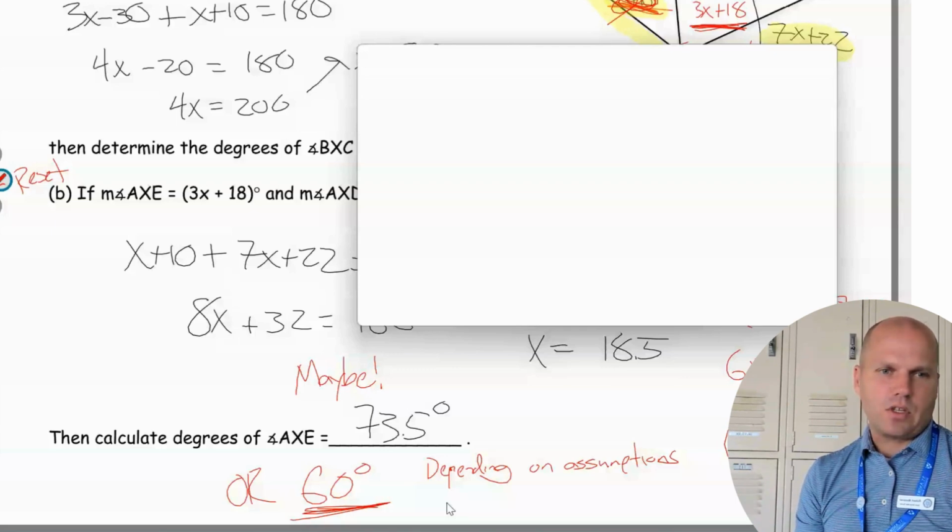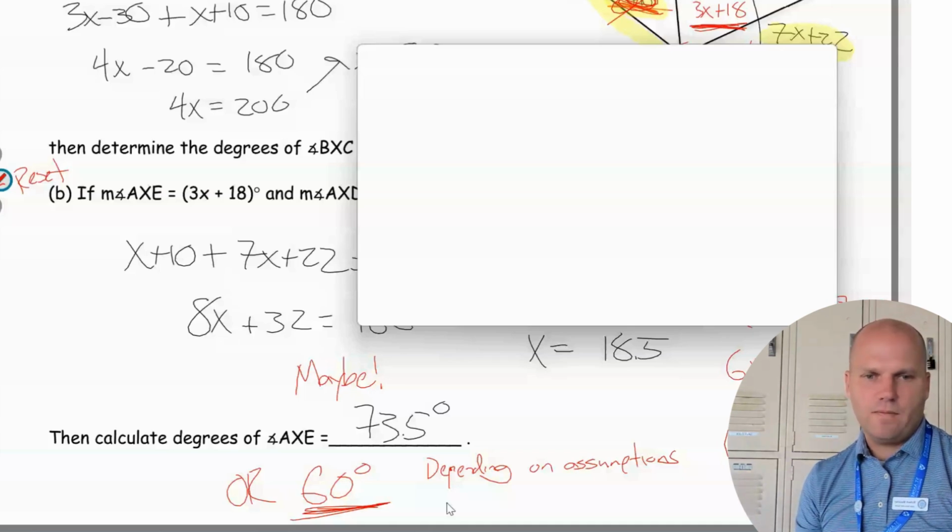That's 6x plus 36 equaling 7x plus 22. That's x equaling 14. And if x is 14, AXE is 3 times 14 plus 18, which is 60.